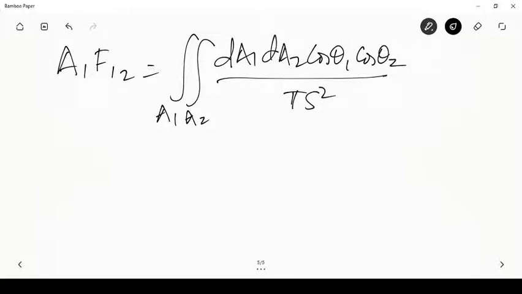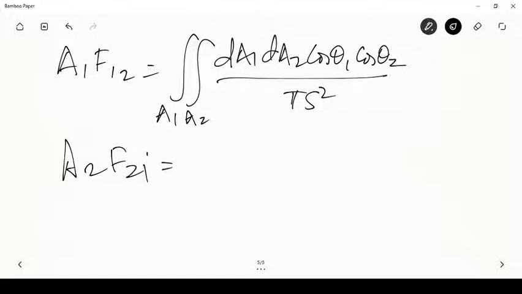Now if I just take this expression and swap 1 and 2, because area 1 and area 2 are arbitrary, I get A2 F21, which is basically area 2 multiplied by the fraction of the energy emitted by surface 2 that actually arrives on surface 1.